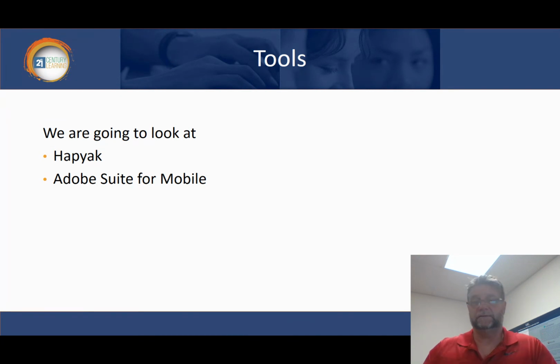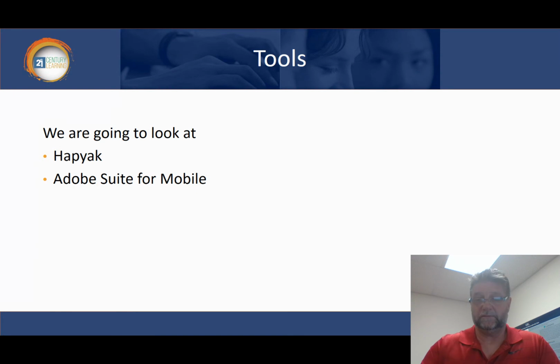In terms of keeping things short and concise for our online environment, I'm going to do a tutorial on Captivate, HapYak, and the Adobe Suite, but I'll post them separately so you can just focus on whatever you want. That's storyboarding.